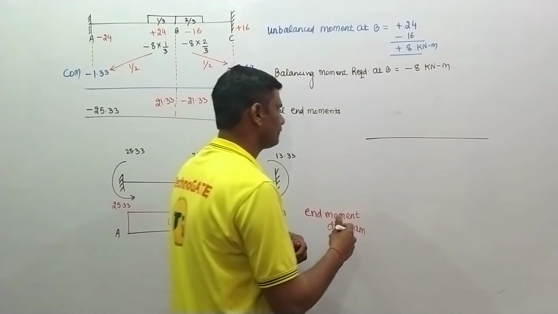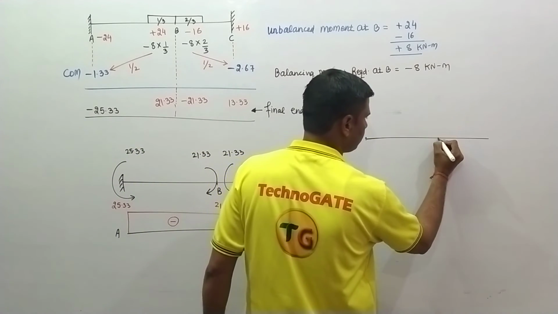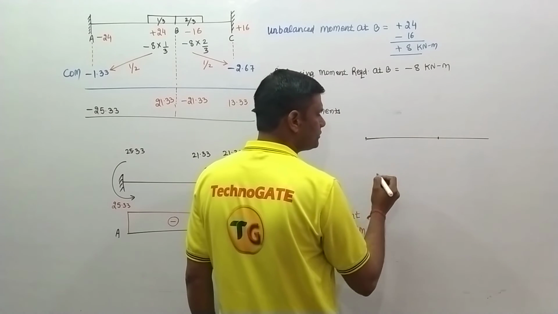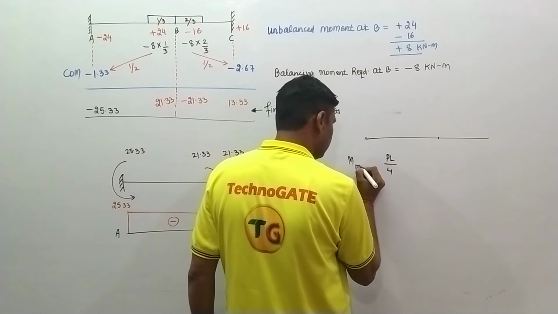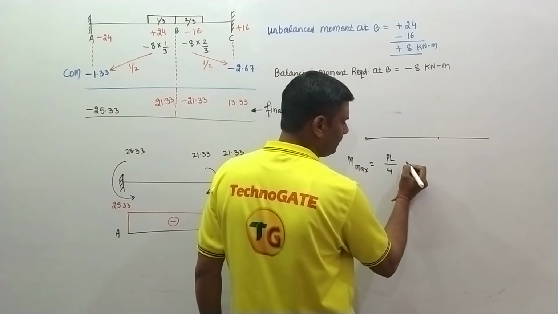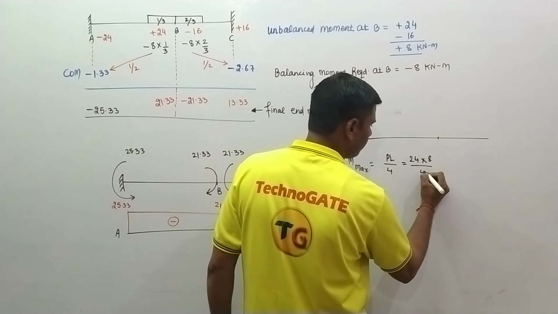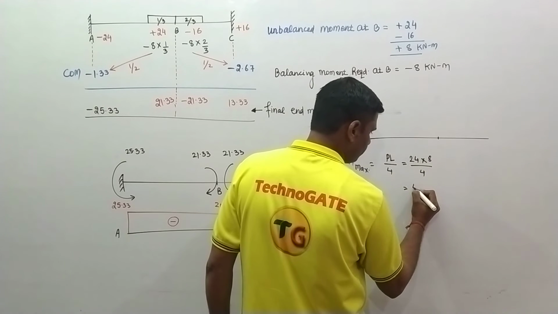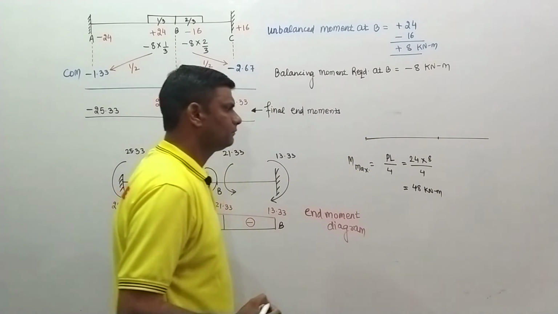So in this particular span, M maximum is equal to PL by 4, P is 24, L is 8, 24 into 8 by 4, that is equal to 48 kilonewton meter.